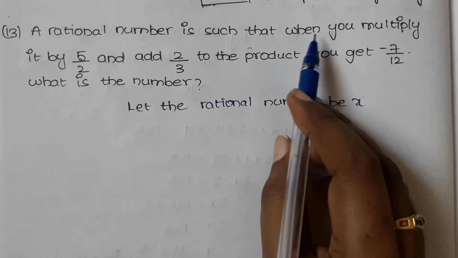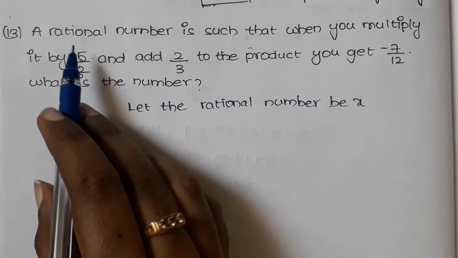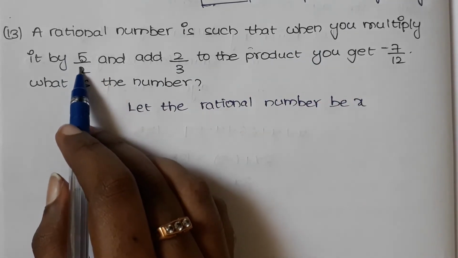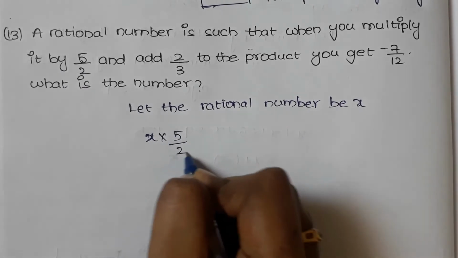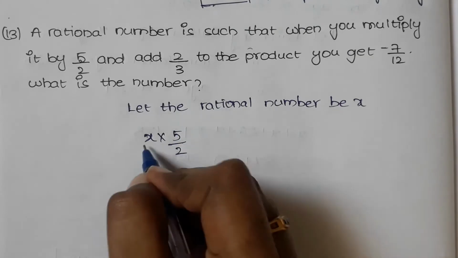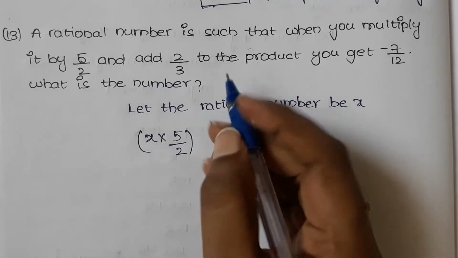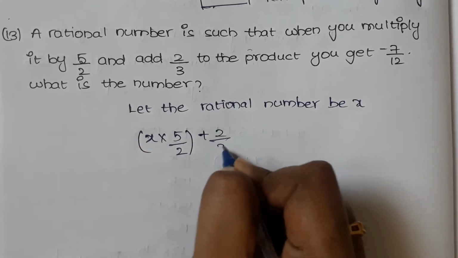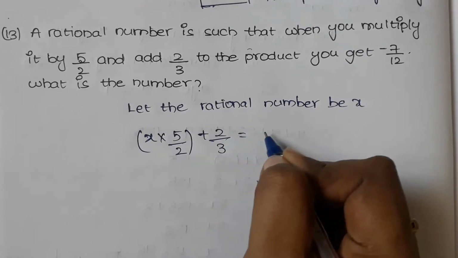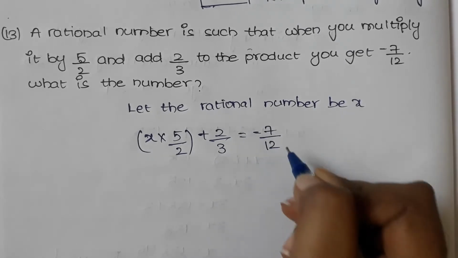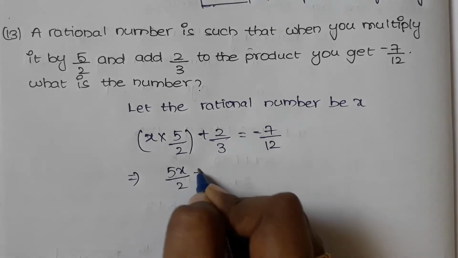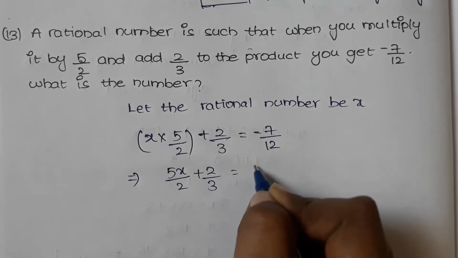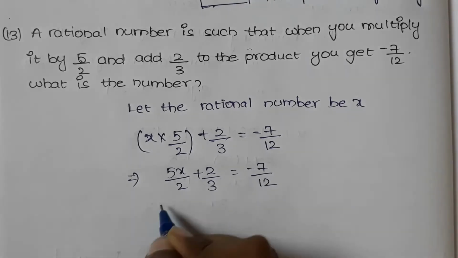They have given that x is multiplied by 5 by 2, that is x into 5 by 2, and this product is added to 2 by 3, that equals minus 7 by 12, that is 5x by 2 plus 2 by 3 equals minus 7 by 12.